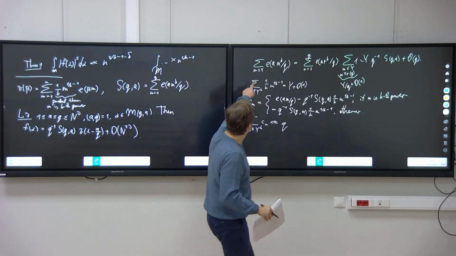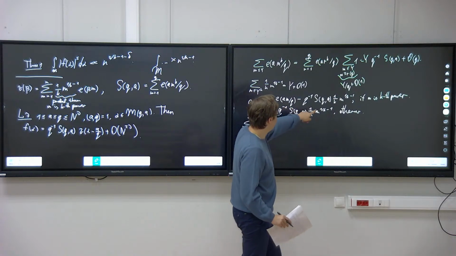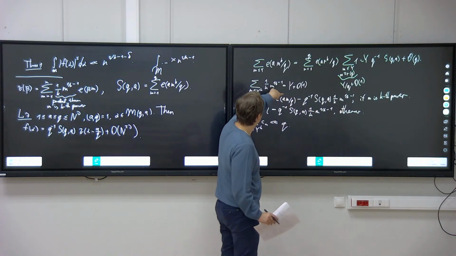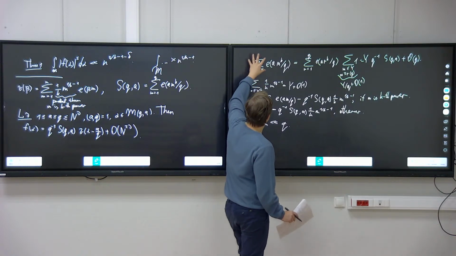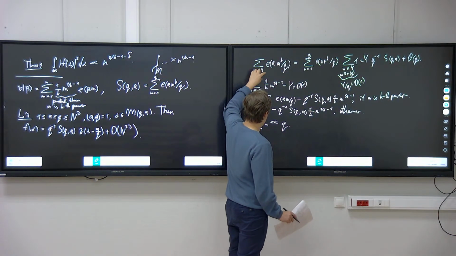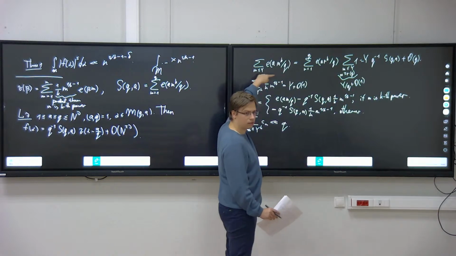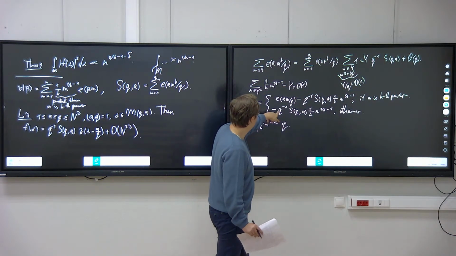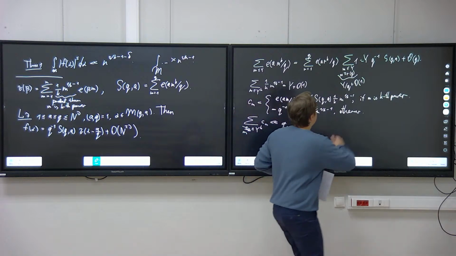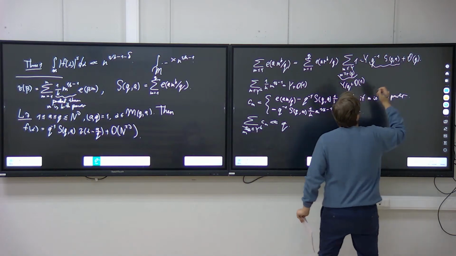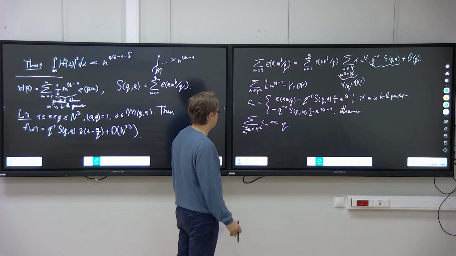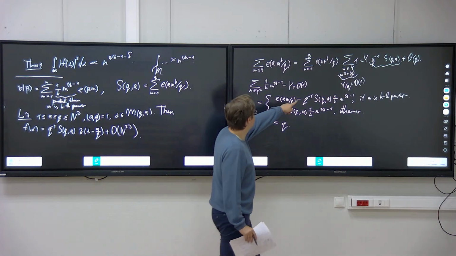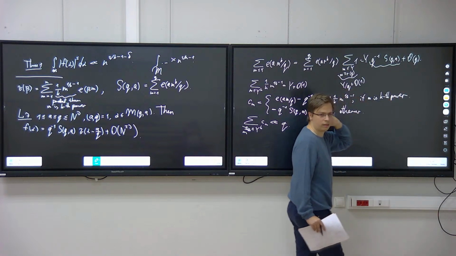So in total, this sum is this sum minus this sum, multiplied by this expression. Okay, and the difference is big O of q. Do you agree?